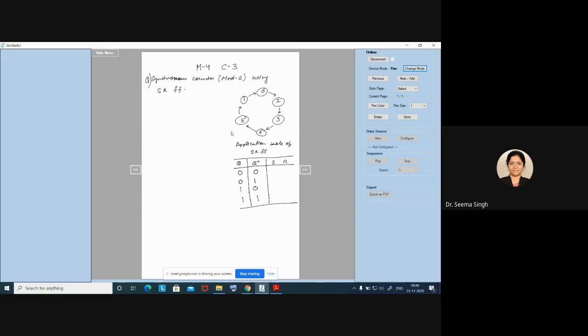If I want to use SR flip-flop as memory, what should be the input of SR flip-flop to keep it as memory? 0 1 ma'am. 0 1, sorry, 0 0 ma'am. Yeah, memory state means it is 0 0.